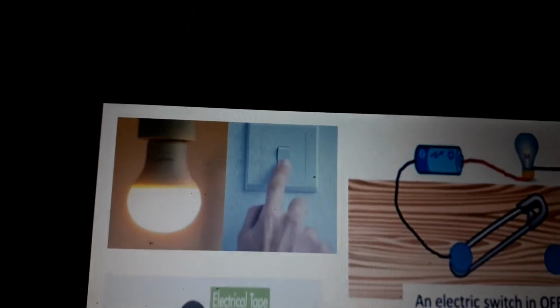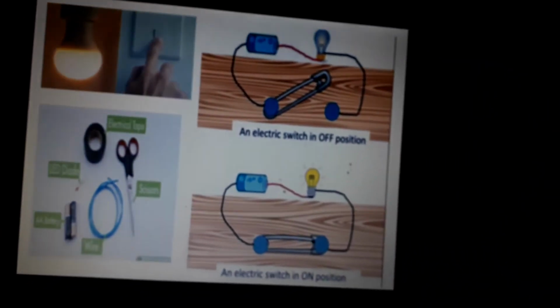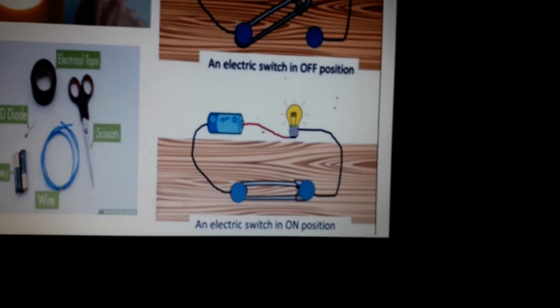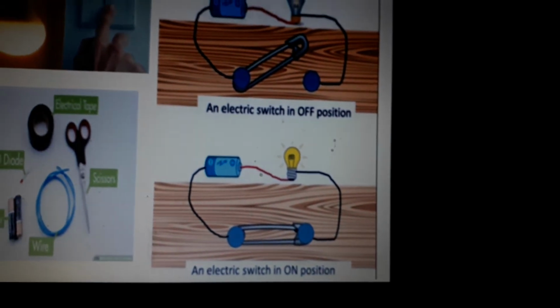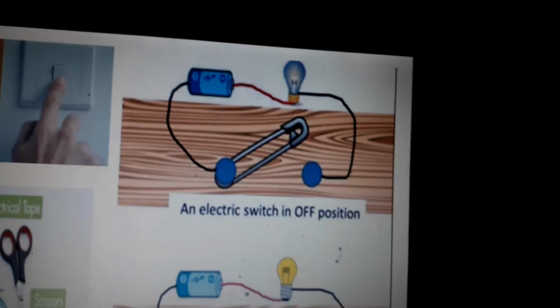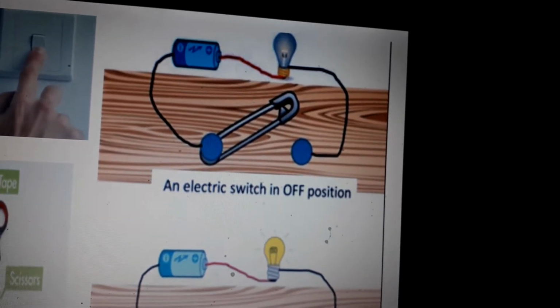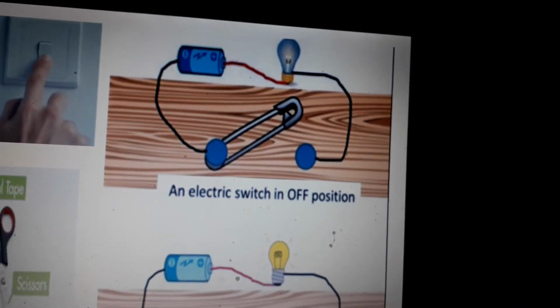Then he conducted the experiment and he saw that when the safety pin is attached, the light is on. When you remove the safety pin, the light goes off.